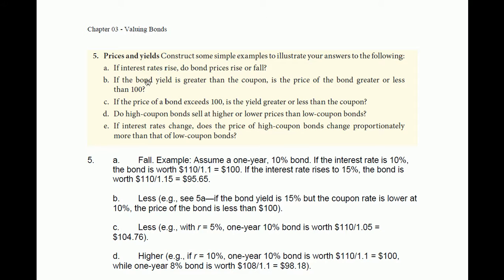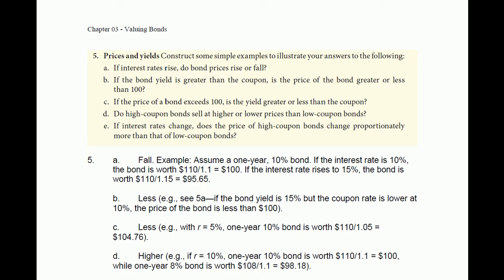B. If the bond yield is greater than the coupon, is the price of the bond greater or less than 100? Just now we show that it will be less than 100. C. If the price of a bond exceeds 100, is the yield greater or less than the coupon? If the price of a bond exceeds 100, we call that the bond is sold at a premium.